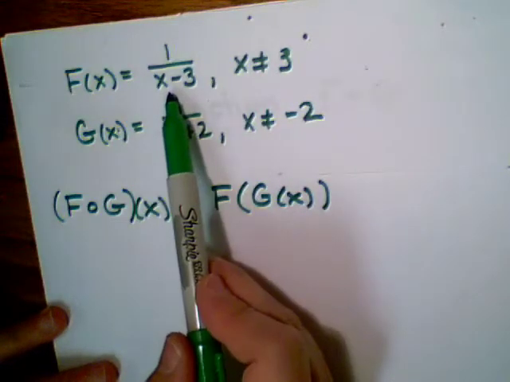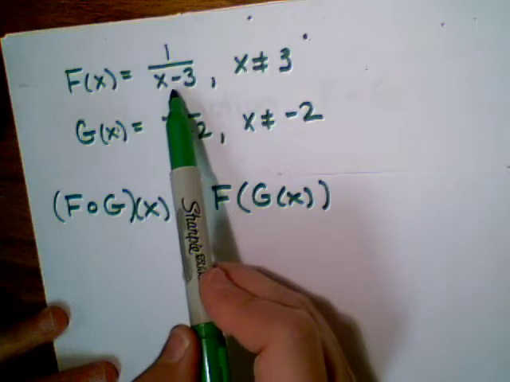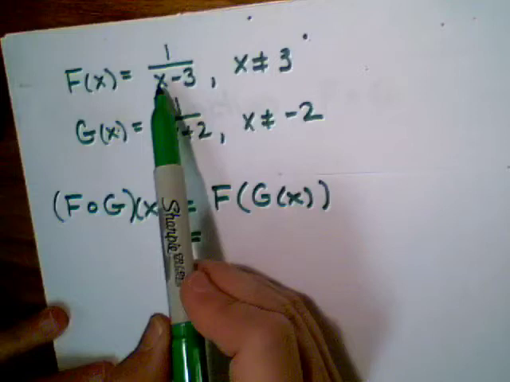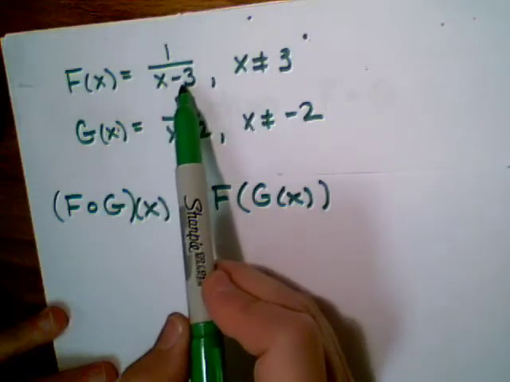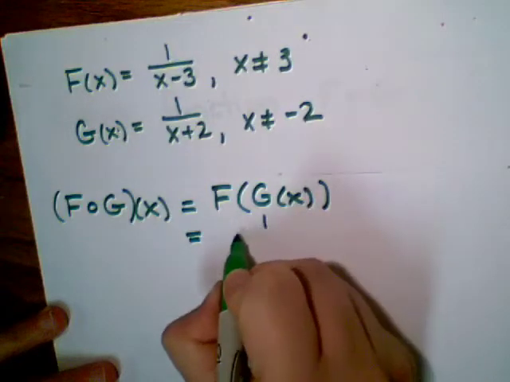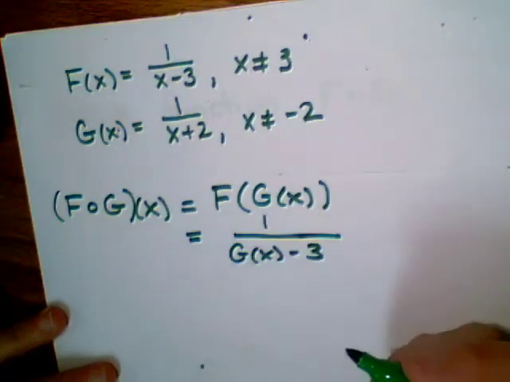And if we look how f is defined, we have 1 over this difference. If f is applied to x, it's 1 over the difference x minus 3. But f is being applied to g of x, so it's 1 over g of x minus 3.